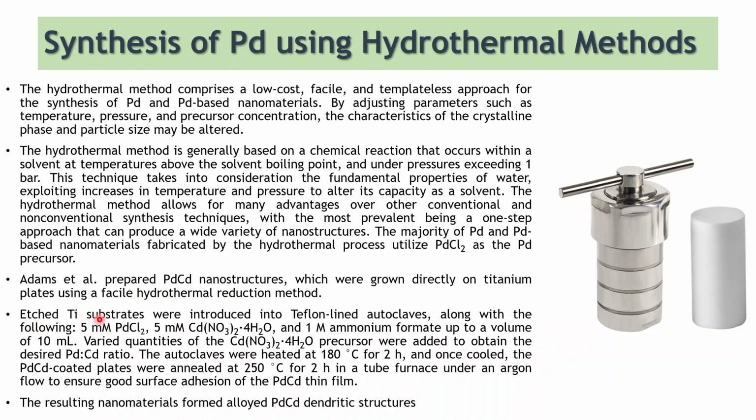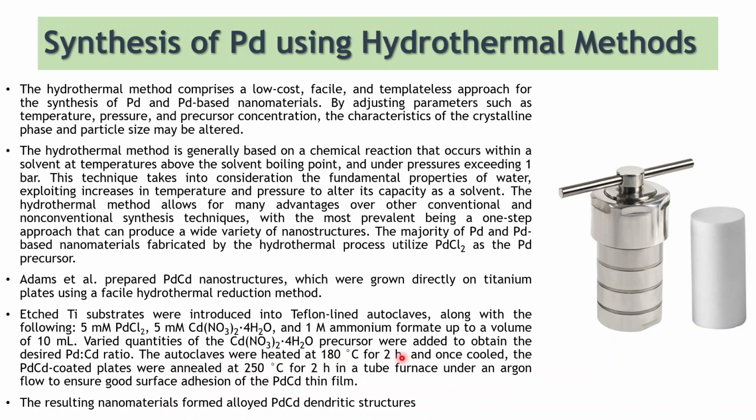The etched titanium substrates were introduced into Teflon-lined autoclaves along with the following. We used 5 millimolar PdCl2, 5 millimolar cadmium nitrate, and 1 molar ammonium formate up to a volume of 10 milliliter. Varied concentrations of cadmium nitrate precursor were added to obtain the desired Pd-Cd ratio, and the autoclave was heated to 180 degrees Celsius for 2 hours.